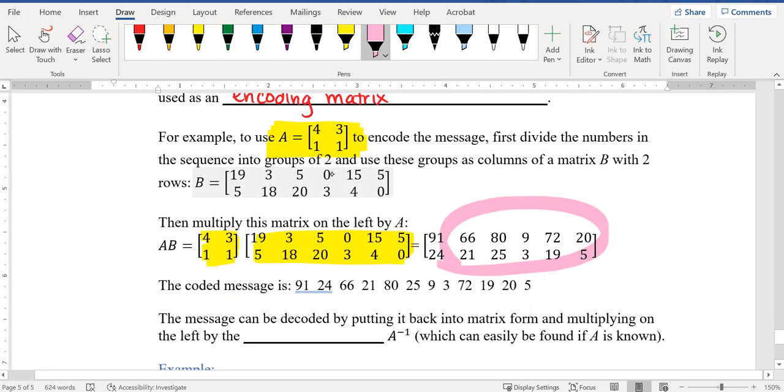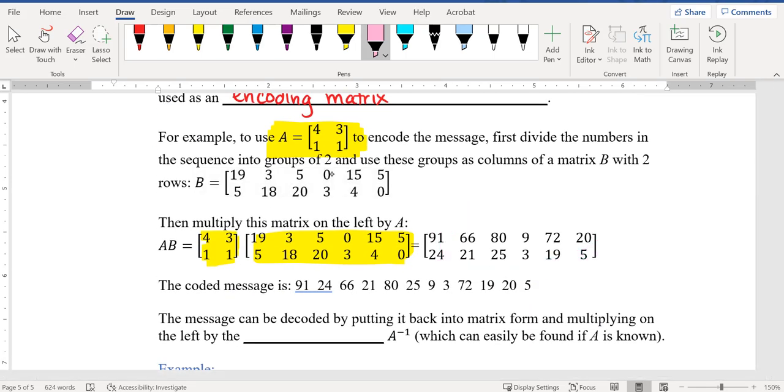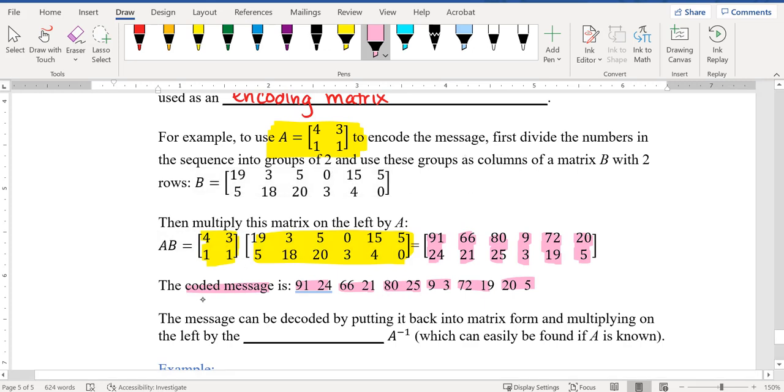Then the coded message, going down the columns, is 91, 24, 66, 21, 80, 25, 9, 3, 72, 19, 25. Okay, so that is our coded message.